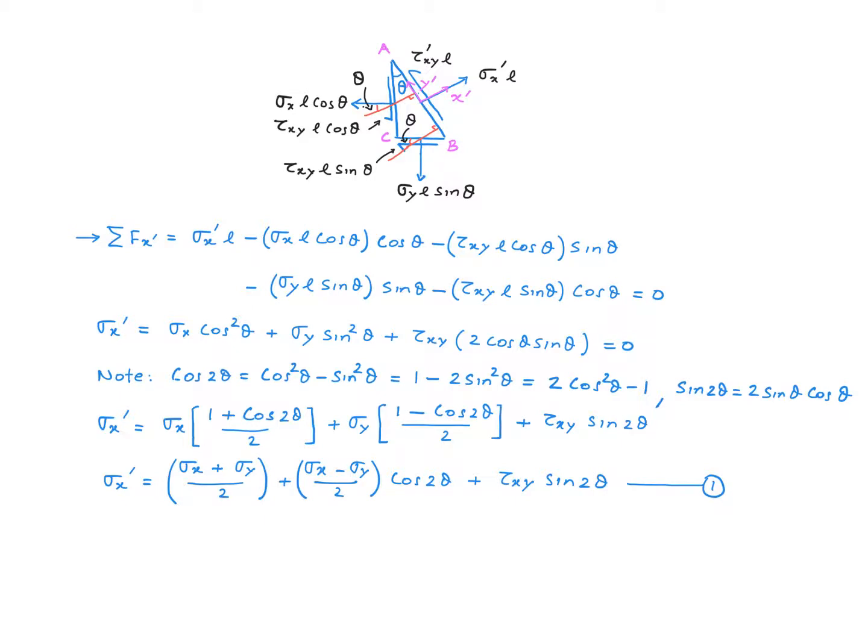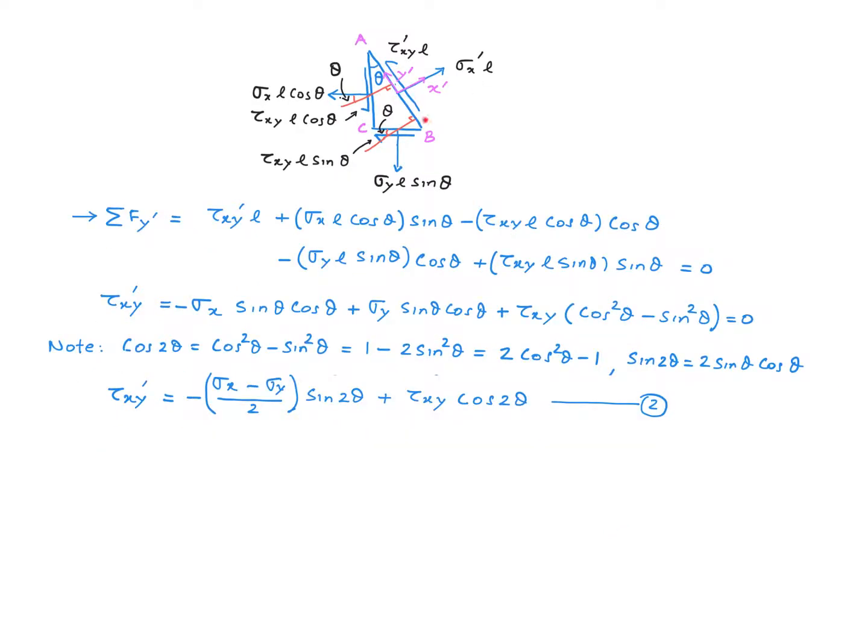And simplifying the remaining terms, we have this expression for sigma x prime. Now you may recall this trigonometric relationship between 2 theta and theta. So utilizing this, we can express each of these trigonometric terms in terms of cosine 2 theta and sine 2 theta. And that's what I have done in this step. And now, simplifying this one more time, we have this equation for sigma x prime.